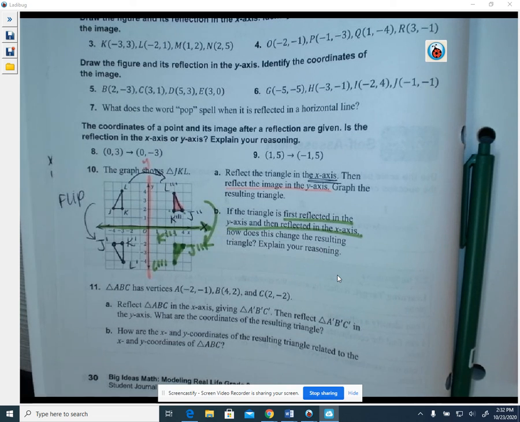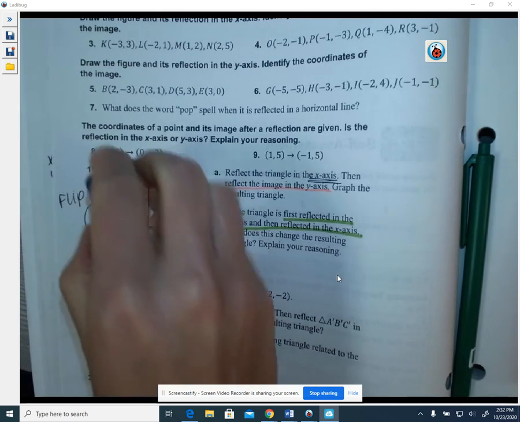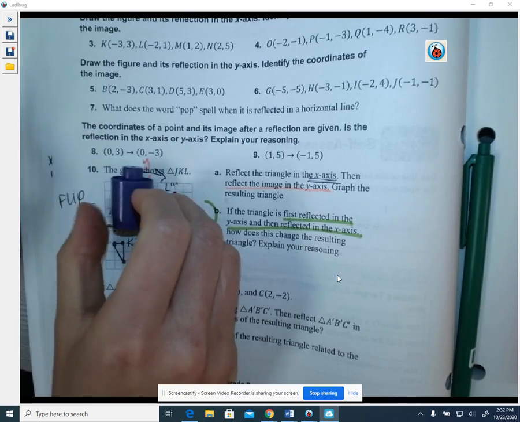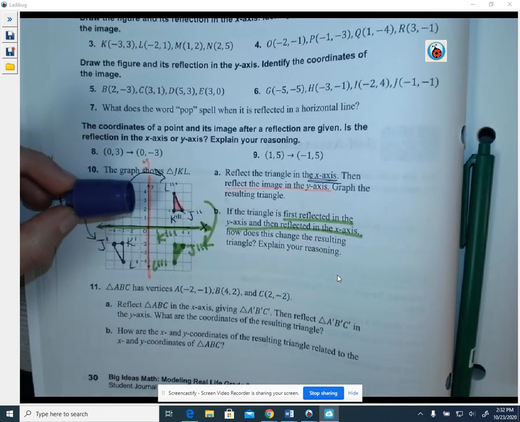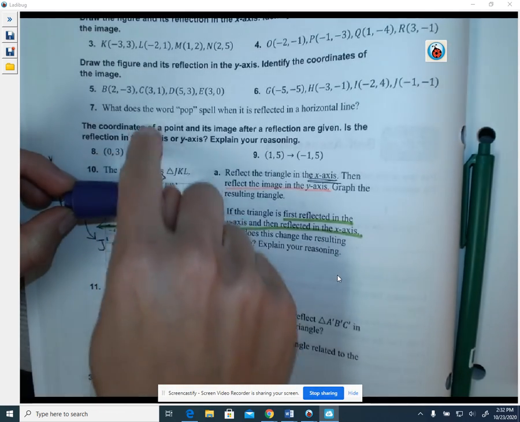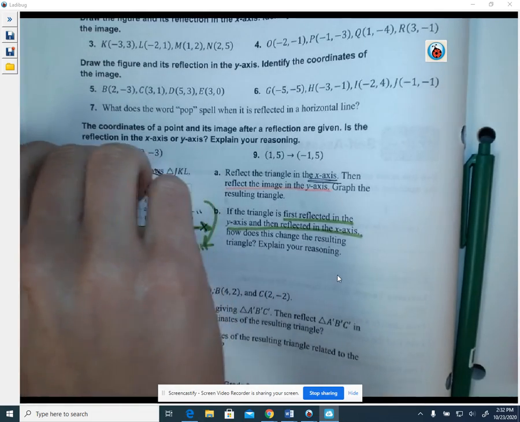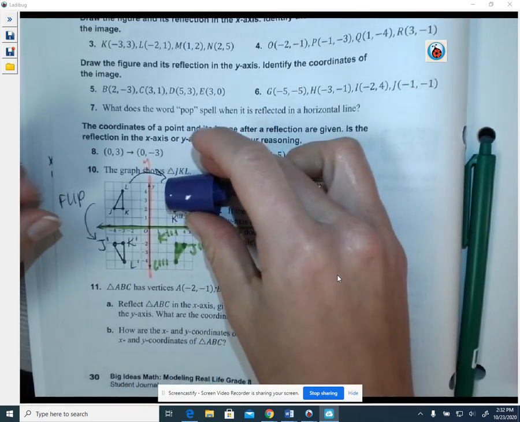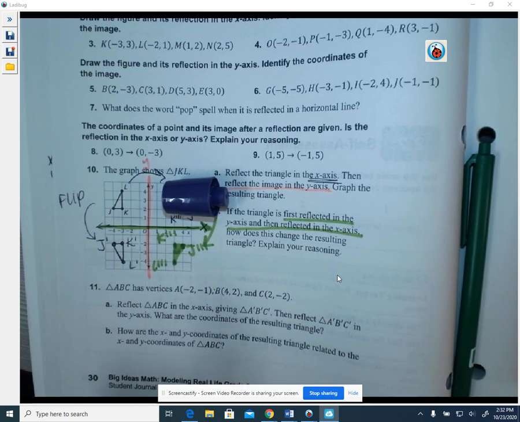If you're struggling to understand and to be able to reflect, I want you to take out some sort of marker, okay, and actually try it. If I have this here and I reflect it over this line Y, it's going to need to be picked up, and look, the end of it is going to be pointing the opposite direction, okay?